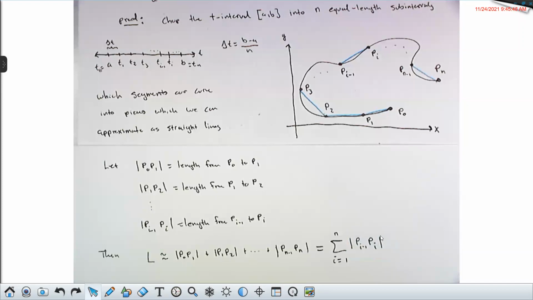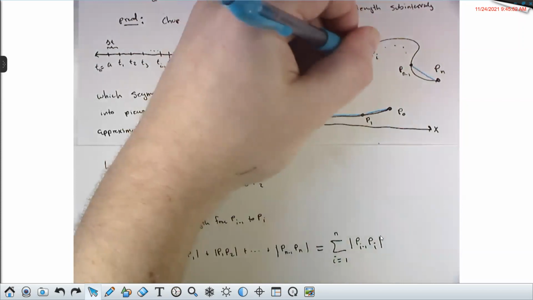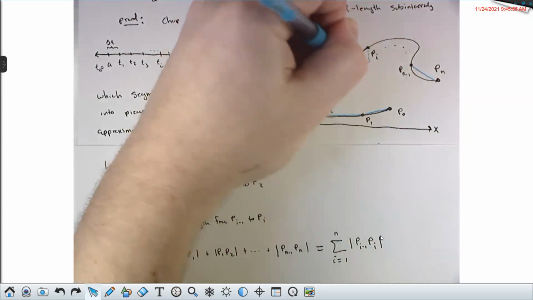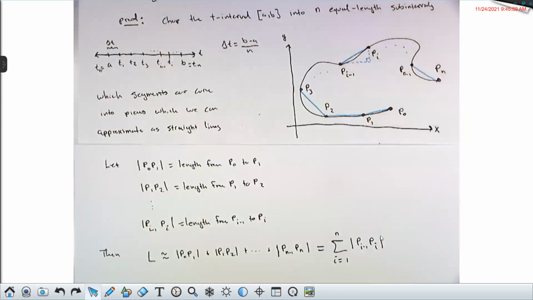So if I can find a formula for the hypotenuse of this little right triangle in here, the length from Pi minus 1 to Pi, I'll have a nice formula for this sum.